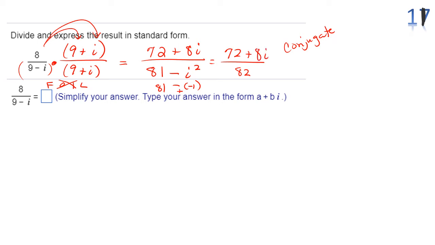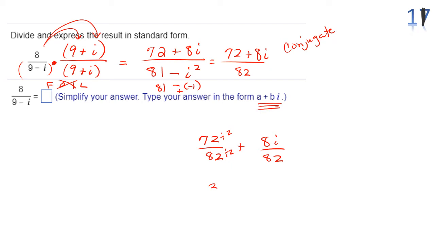Now don't leave this as the final answer. We want a plus bi form. So take each term in the top, 72, put that over 82, then take that 8i, put that over 82, and let's go ahead and reduce. When I reduce the 72 over 82, you can simply divide each by 2.